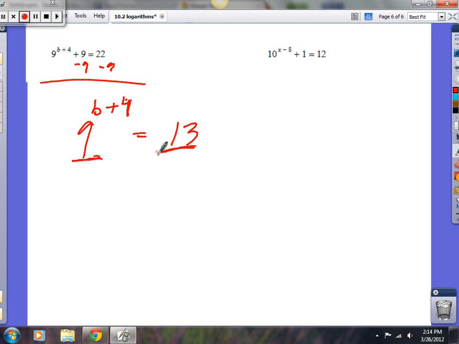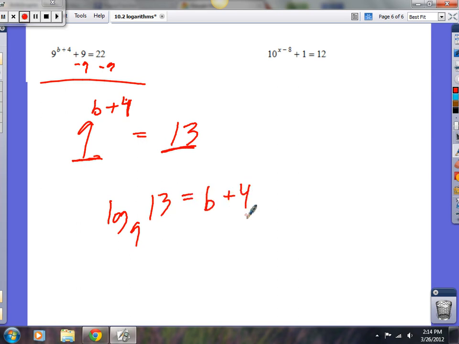No. If you can't get the same base, you're going to rewrite this in logarithmic form. So what is it going to be? The log base 9 of 13 equals b plus 4.